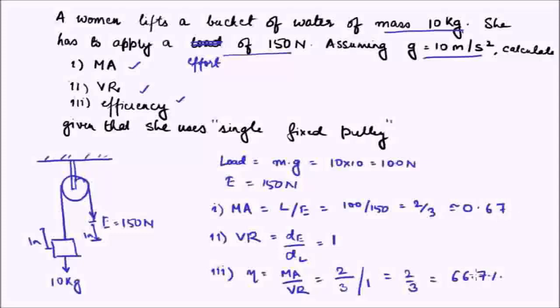This is actually equal to 66.6666, it keeps on going, but I can approximate it as 66.7%. So what we see here is that we get an efficiency of around 66.7%, which means that there are frictional losses in the system, and there is loss maybe due to the weight of the rope itself, which we have considered to be 0, which in practicality will not be 0. So this question applies the concepts for the single fixed pulley. Now let us see another question.